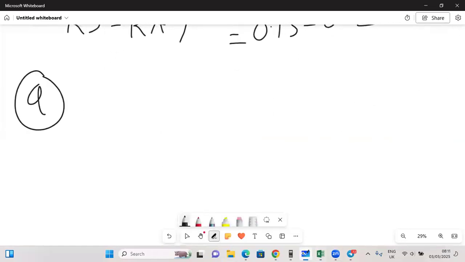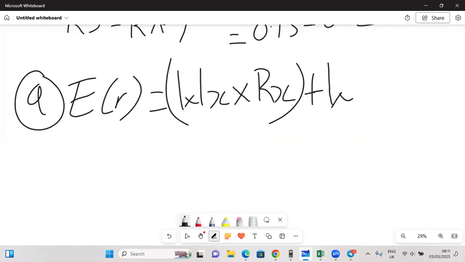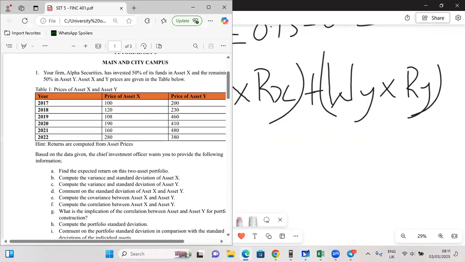We are now coming to answer the question. Expected return is equal to weight of X times the arithmetic return of X plus weight of Y times the arithmetic return of Y. We had the weight in the question: the alpha securities have invested 50% in asset X, which is the weight, and then 50% in asset Y, which is the weight.